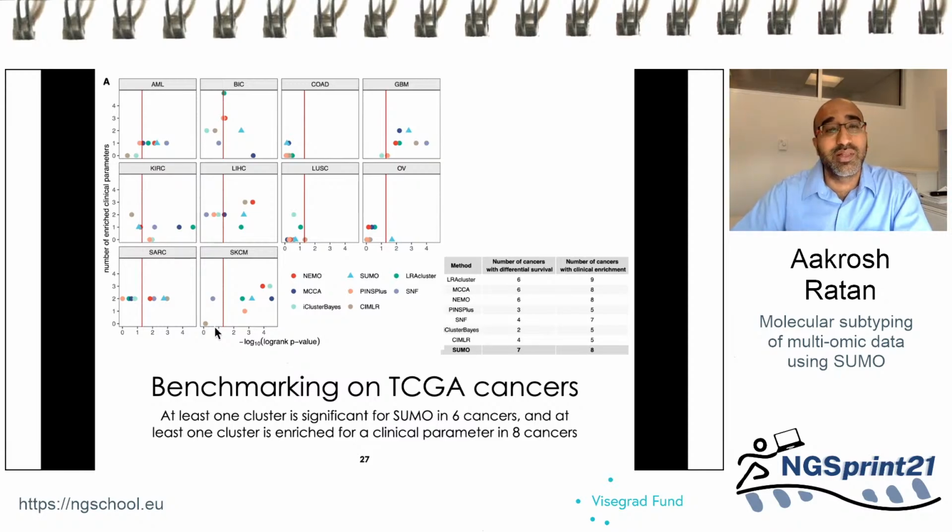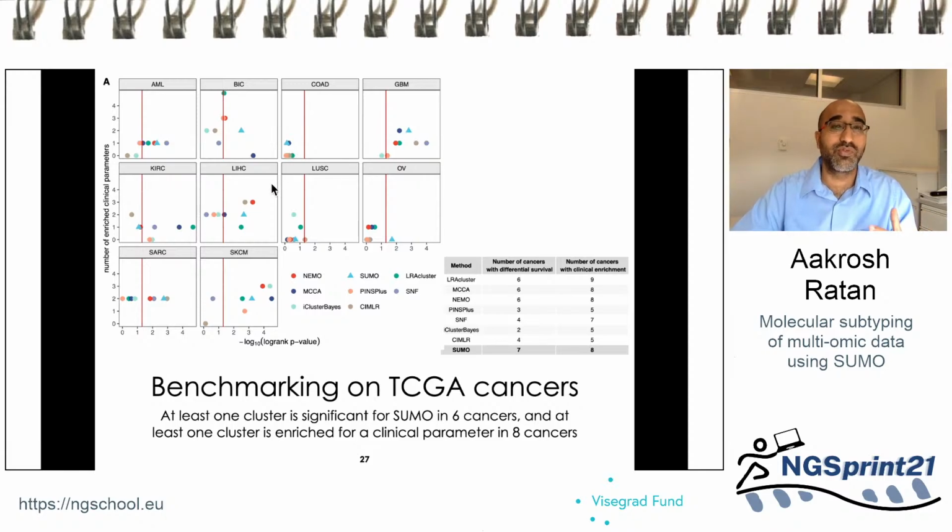And that is basically, if you are to the right of this threshold, you have actually identified a group of patients that have a significantly different survival. Okay? And on the y-axis, what you have is enriched clinical parameters. So ideally, the best methods would be up here somewhere, right? And as you can see, that's not entirely true.